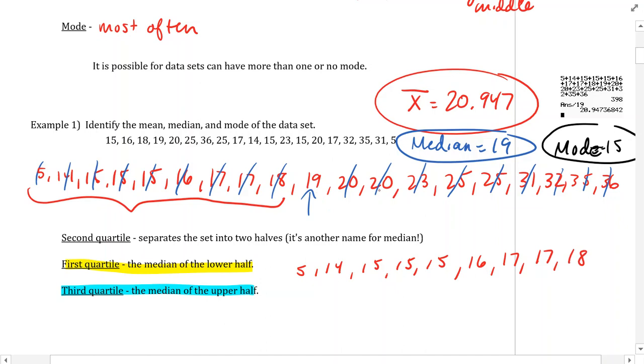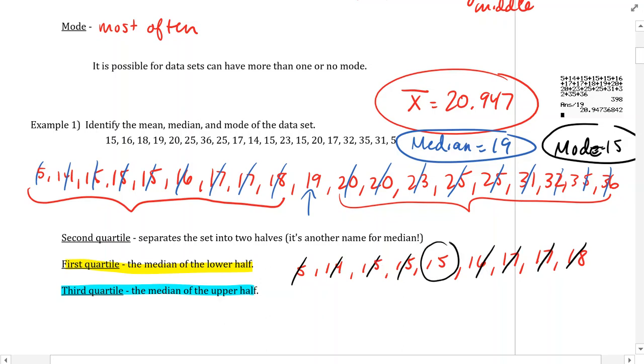I'm excluding that 19 because it's the median, so it's not in either half. So in this problem, my first quartile would be 15. Then when I do my third quartile, I'll take the upper half and I'll do the same thing again. Now our quartiles are part of what we describe as our 5-number summary.